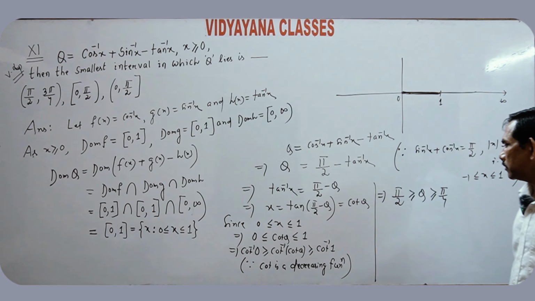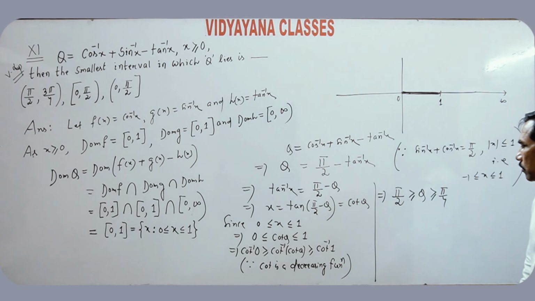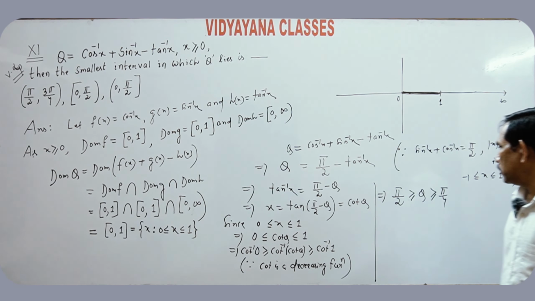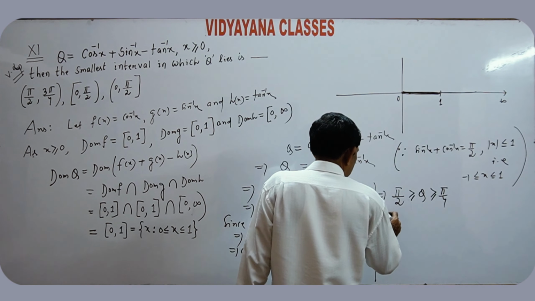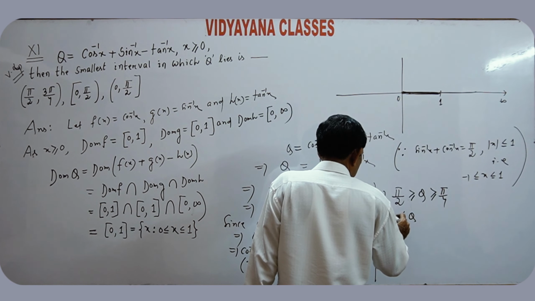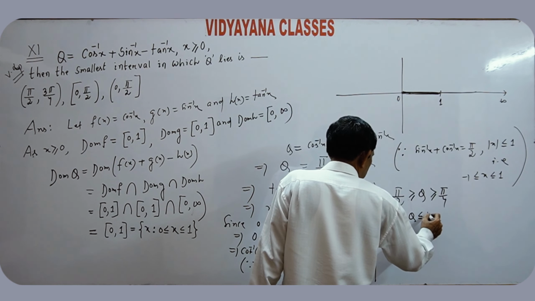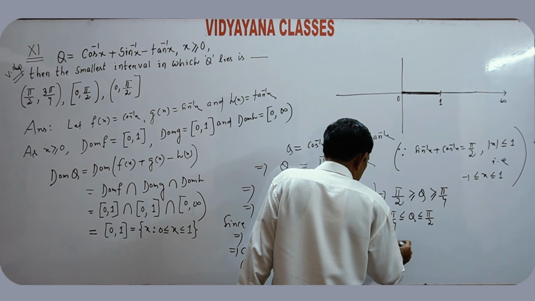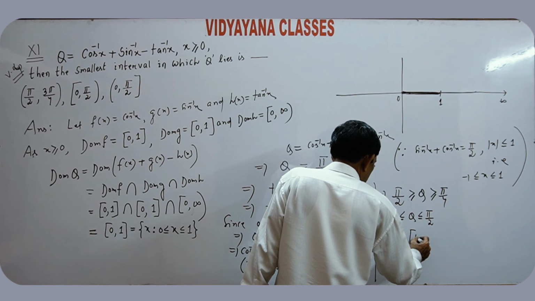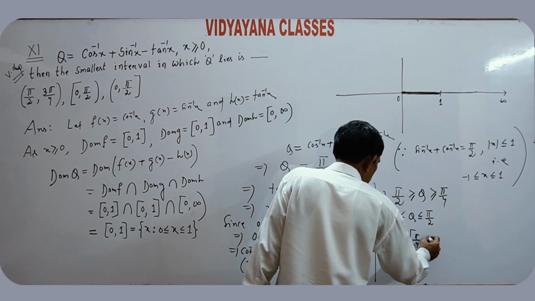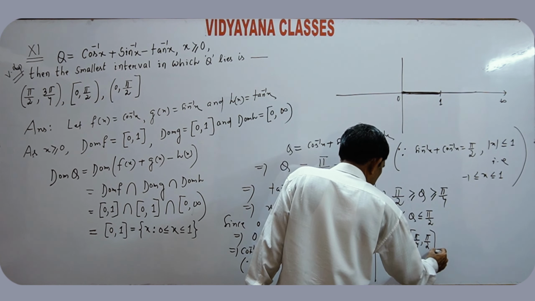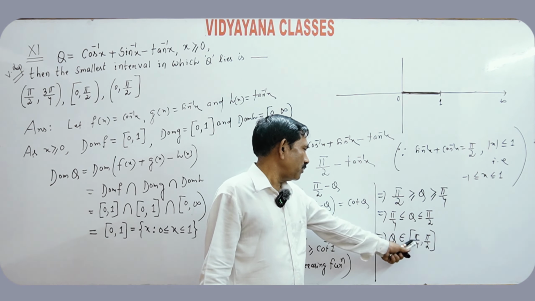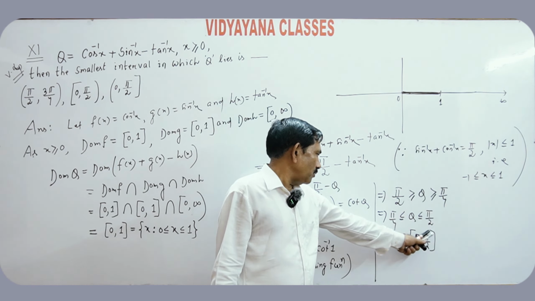Which angle of cot belonging to (0, pi) gives the value 1? That is pi by 4. Which implies theta is greater than or equal to pi by 4, less than or equal to pi by 2. Which implies theta belongs to [pi by 4, pi by 2].